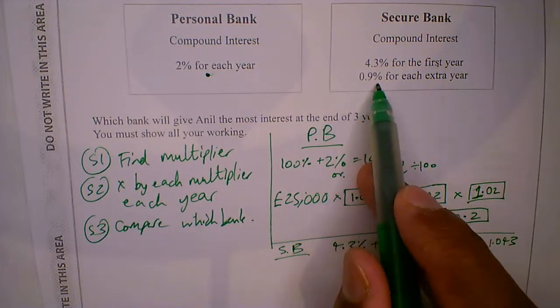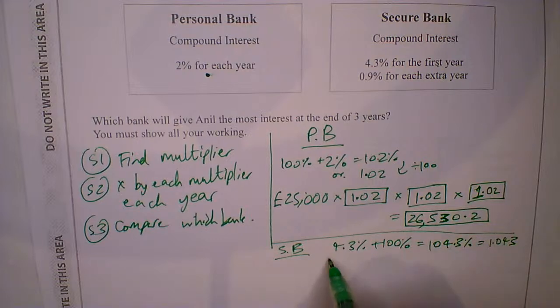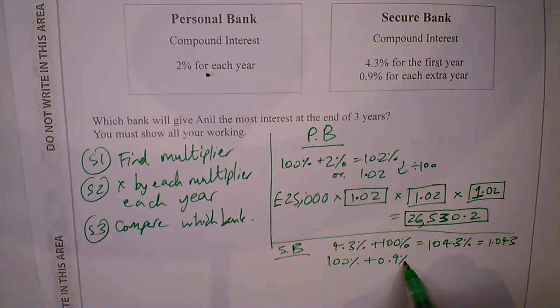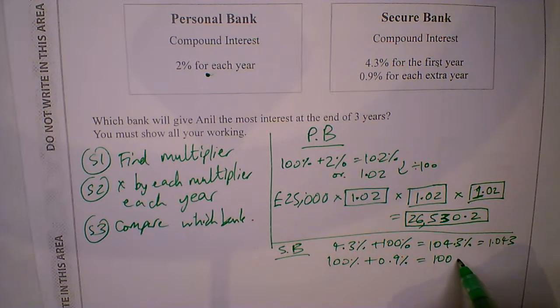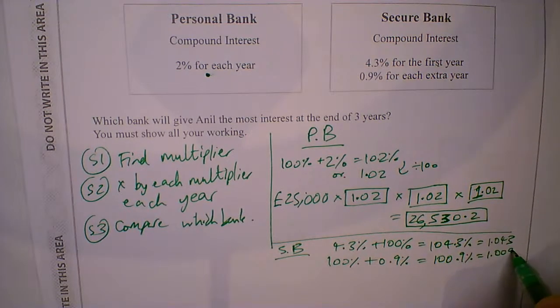And then I've got 0.9%. So 100% is what I always start from, plus 0.9% equals 100.9%, which is the same as 1.009.